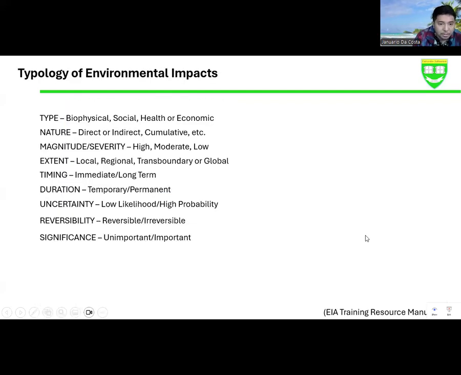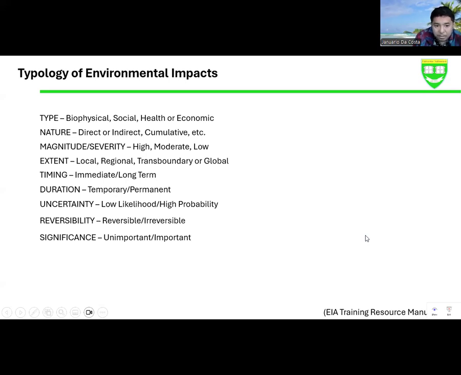All right, so the typology, the types of environmental impacts that are likely to occur, are classified into three types: biophysical impacts, social impacts, and health or economic impacts.